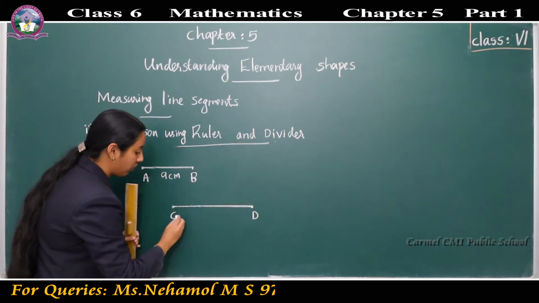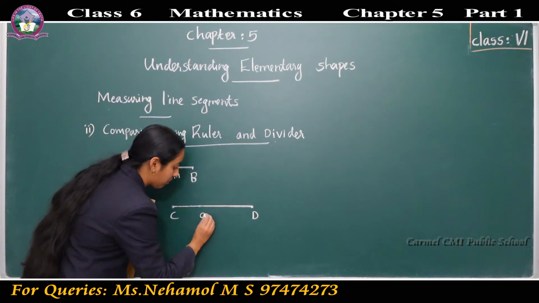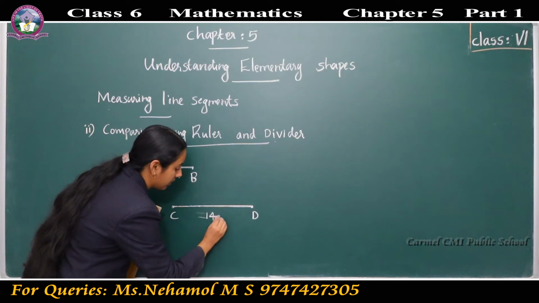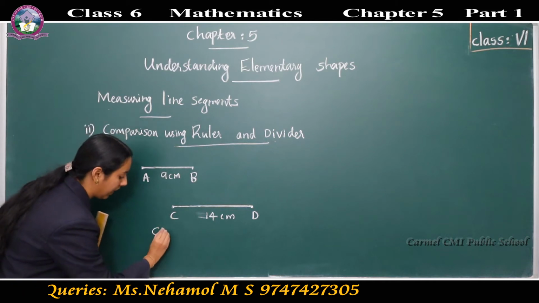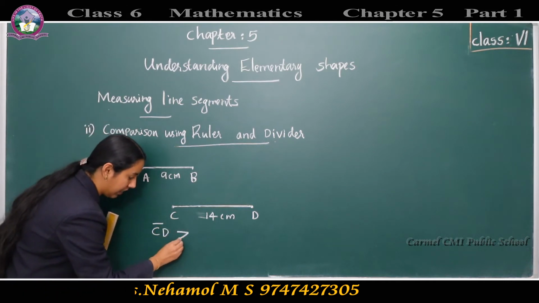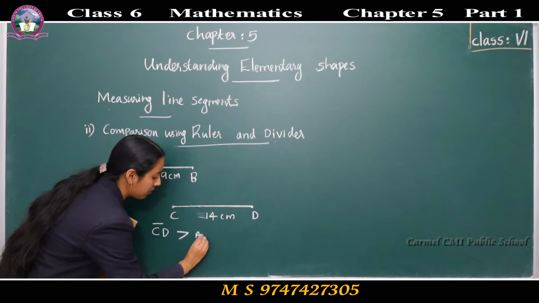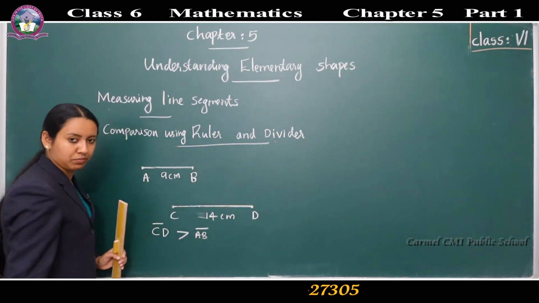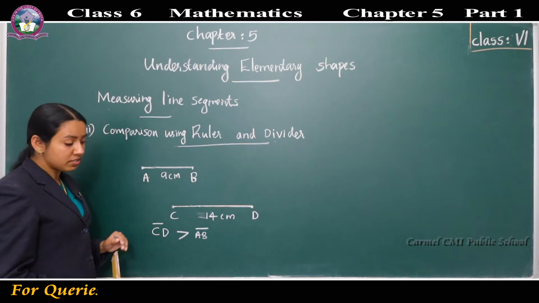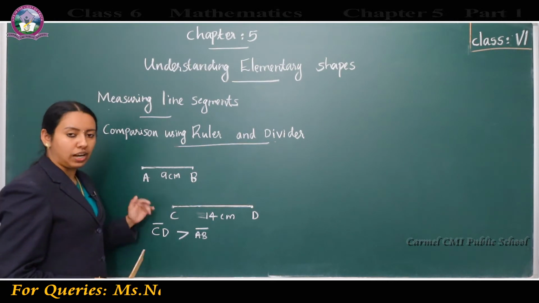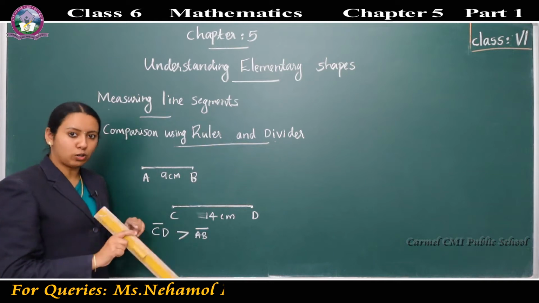So the length of line segment CD is 14 centimeter. Then it is clear that line segment CD is greater than line segment AB. So by measuring the length of line segments, we can compare two line segments using a ruler.